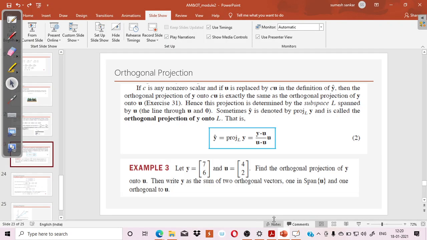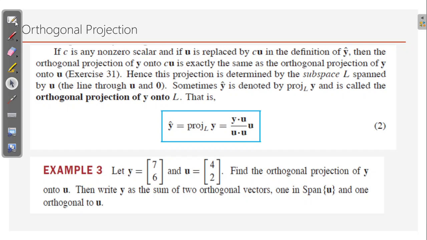Now we are going to have that equation, that is, the orthogonal projection of y onto the subspace L. Here in my explanation I have named it as w, but in your textbook it is named as subspace capital L. So this y cap is called the orthogonal projection of y onto L, and it is given by this formula, which is very similar, or exactly equal, to our formula for finding coefficients C1, C2, C3, etc. That means y dot u divided by u dot u, into u.